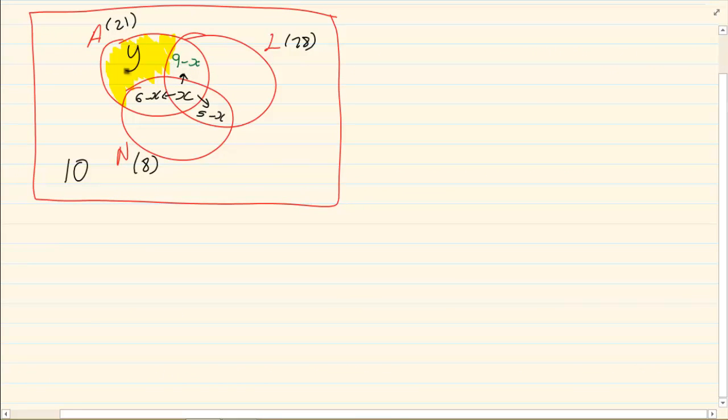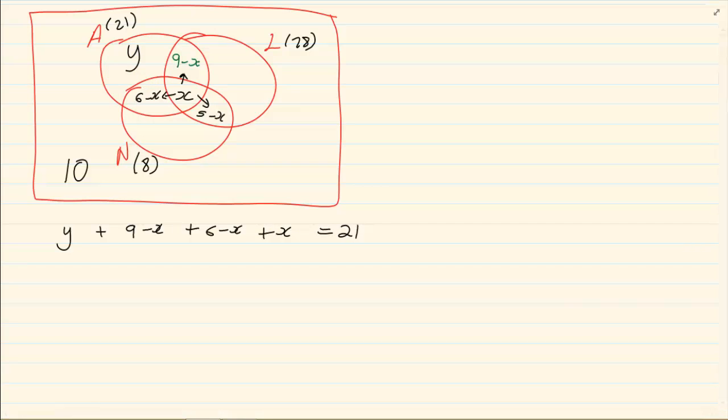Let us say it is y. Now we know y plus 9 minus x plus 6 minus x plus x is going to equal 21. So what we're saying is that this entire circle is going to equal 21.